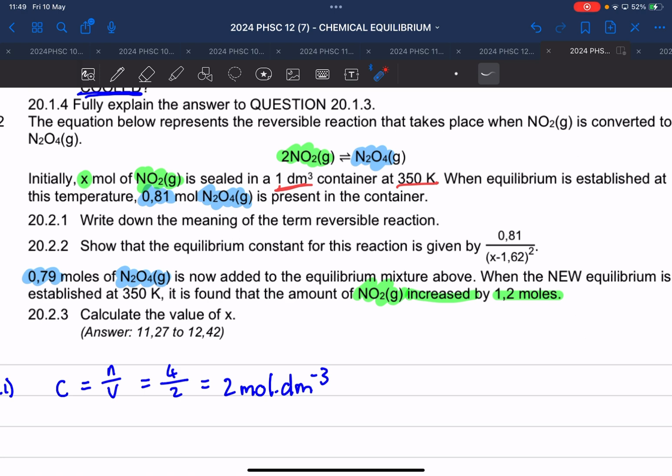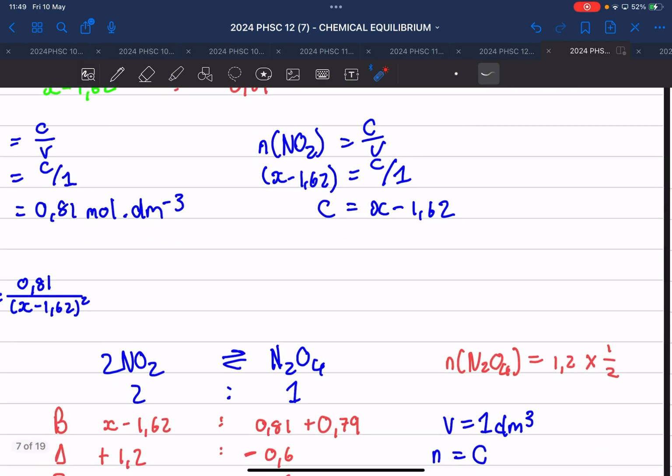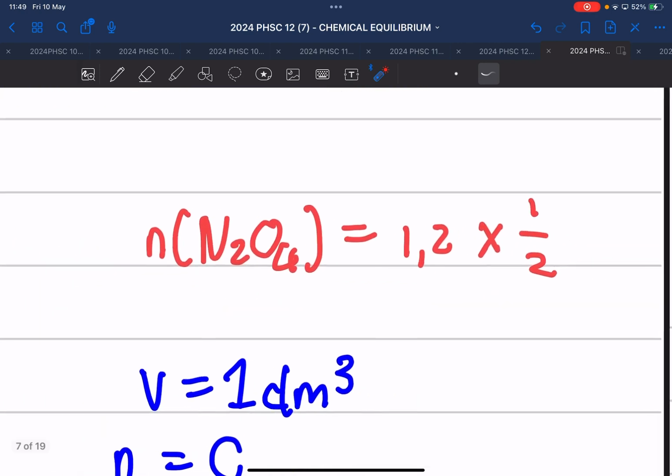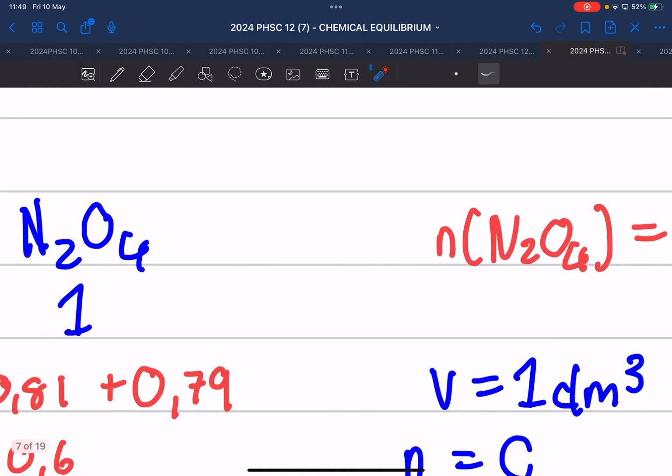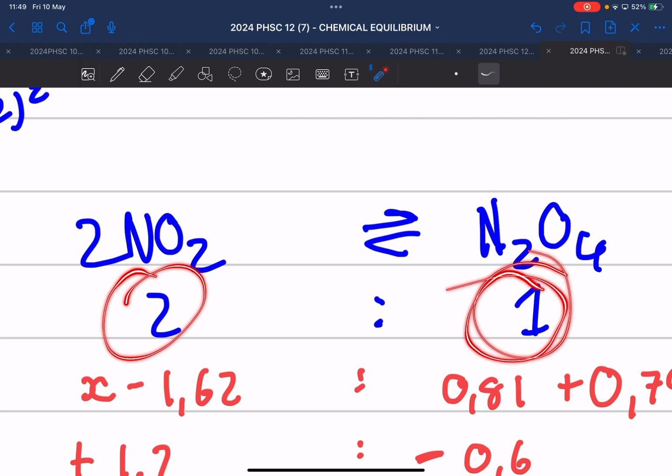Kind of. Why did you multiply by a half? Because we have 1 over 2. Oh, okay, it's our coefficient, right?